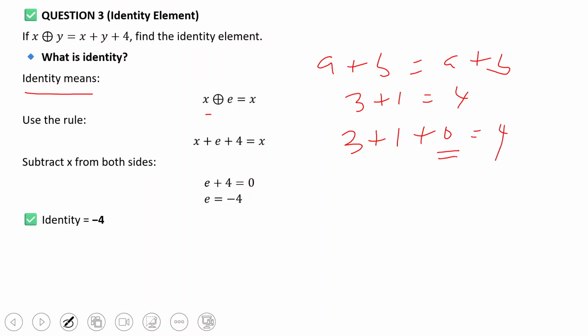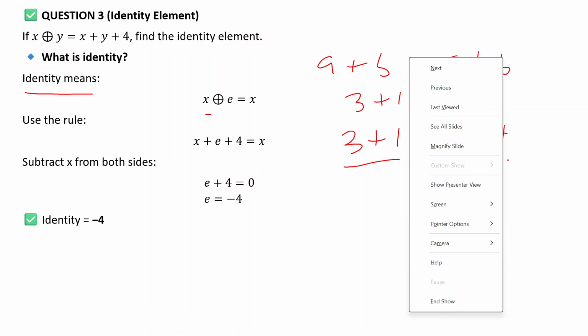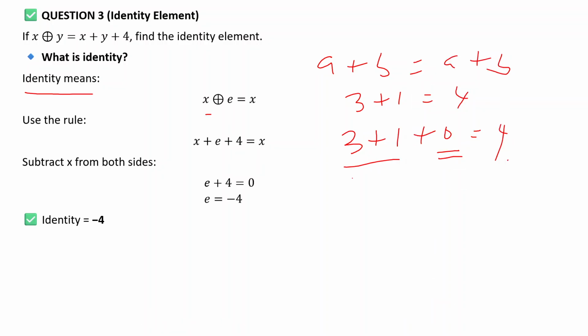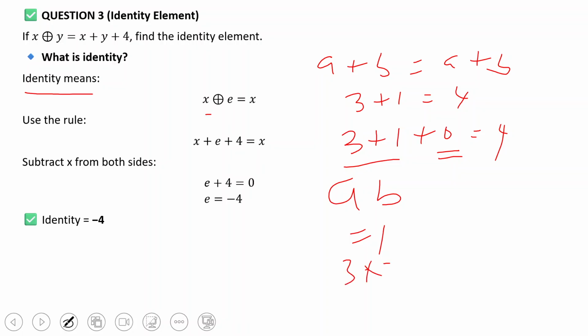So this is an identity element. It makes this expression unchanged. For multiplication, a times b, the identity element is 1. Why? Because if I have 3 times 2, which is 6, even if I have 3 times 2 times 1, it still gives me 6. 1 is the identity element that makes this expression unchanged.